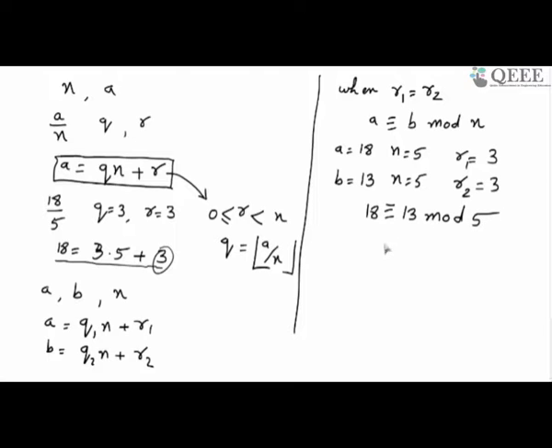This is equivalent to saying that 18 is congruent to 3 mod 5. Why? Because when you take 3 and divide it by 5, it leaves a remainder 3.